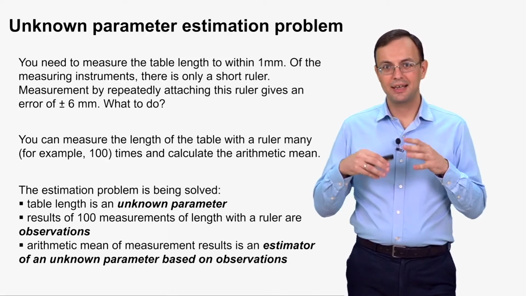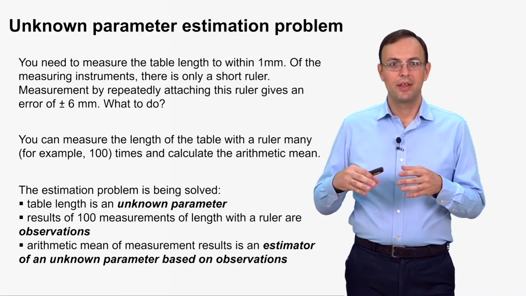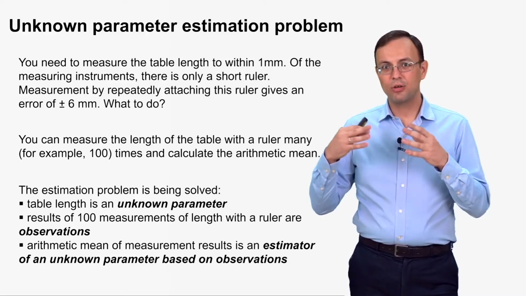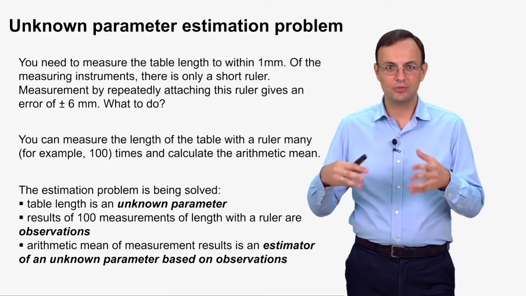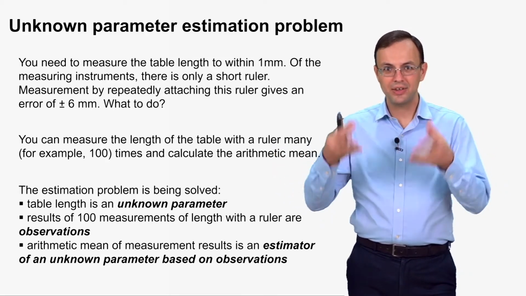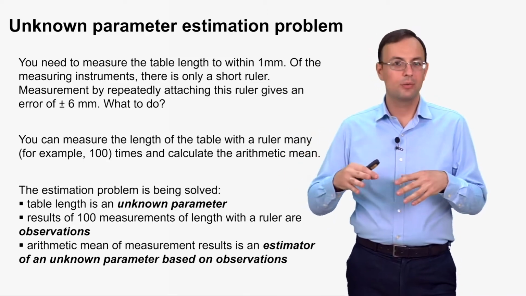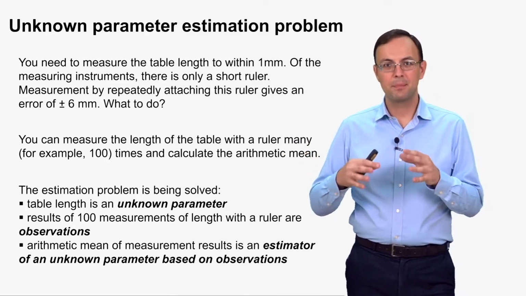So an unknown parameter is not a random variable. Why? Because it does not depend on the outcome of any experiment. So the table length is always the same. The table is the same. Its length is equal to a certain number. We just don't know this number. So it is unknown, but it is not random.